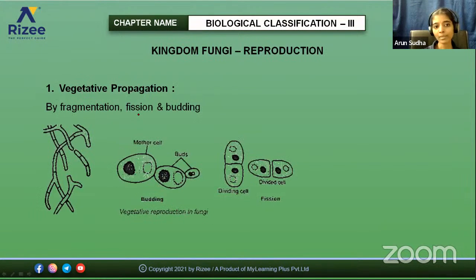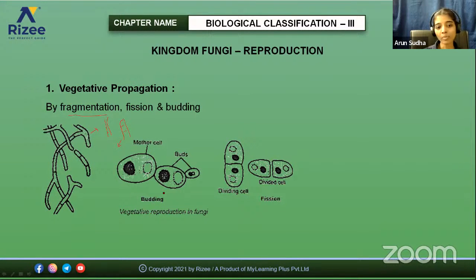The first one is vegetative propagation. All these steps we already saw in bacteria, and generally about reproduction, that is by fragmentation. So this is a mycelium. This breaks into smaller pieces, and then these pieces will grow into a new fungus.